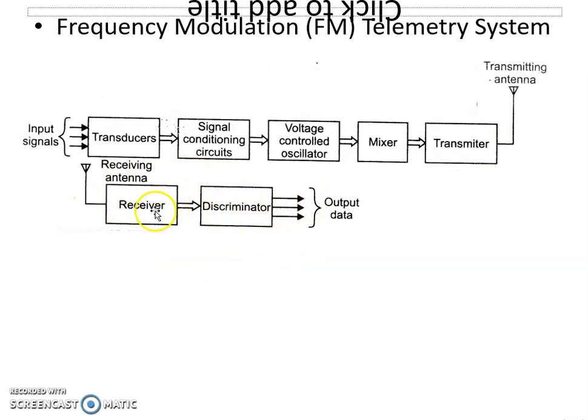At the receiving station, an FM demodulator is tuned to the frequency of each oscillator. Thus, when the measurement value changes at the source, the output voltage of the receiver also changes accordingly. So this is how the frequency modulation telemetry system works.